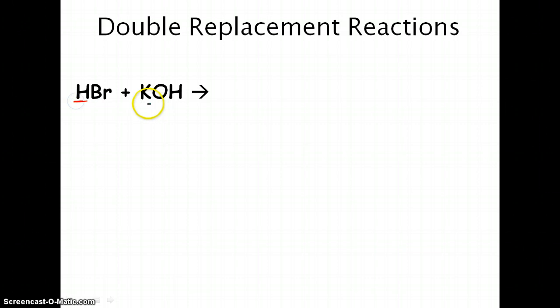Again, swapping the fronts. So you have 1 plus, 1 minus. Okay, so we get the H getting with the OH. So 1 plus, 1 minus, they cancel. And then K gets Br, 1 plus, 1 minus, so they cancel. And you're already balanced.